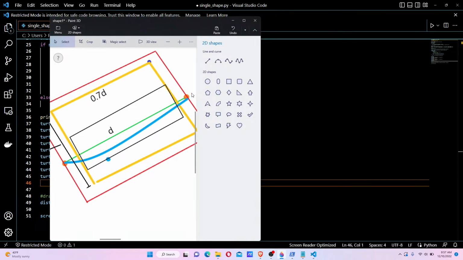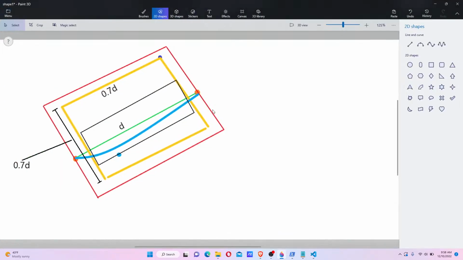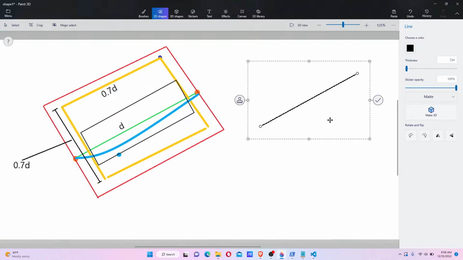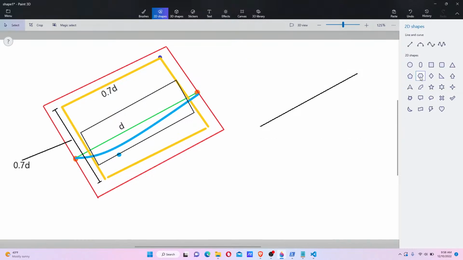So the first bounding box is yellow. It's 70% of what the full bounding box should be. So this will take some geometry. Let's see. We know this, right?